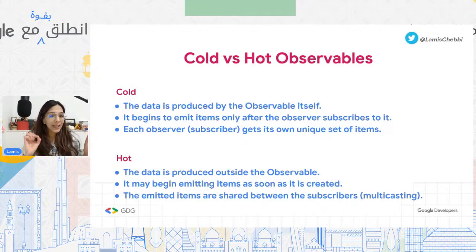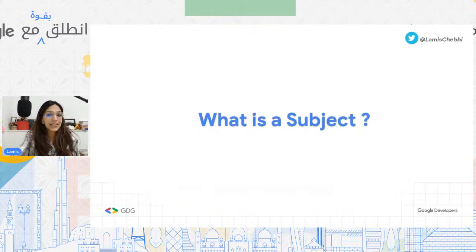There are some keywords in reactive programming in RxJS that you will keep hearing and reading in articles, and when you begin, you should understand the concept, and I will demystify it for you as always. So let's begin with the subject, which is the heart of our session today. What is a subject?